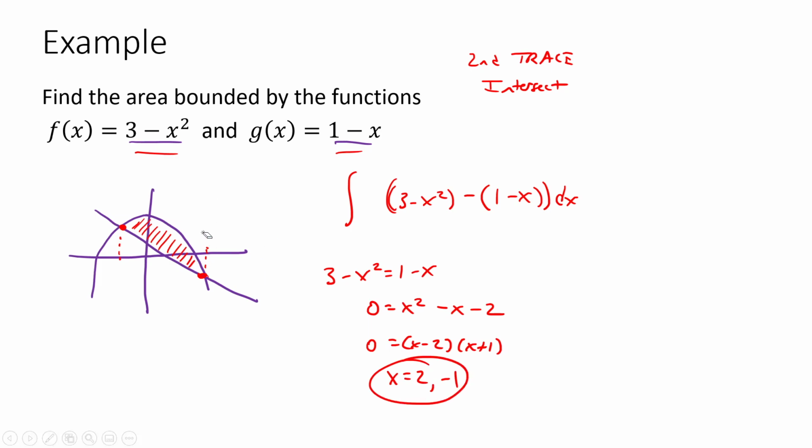Well, there's 2 points of intersection, and so that makes sense. And so those become our bounds. And again, we're doing the top minus the bottom. All right, use your calculator. And if you want to confirm, you'll end up getting 9/2 or 4.5.